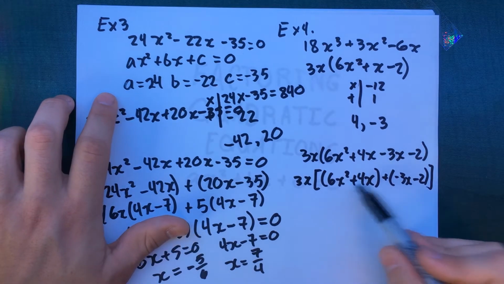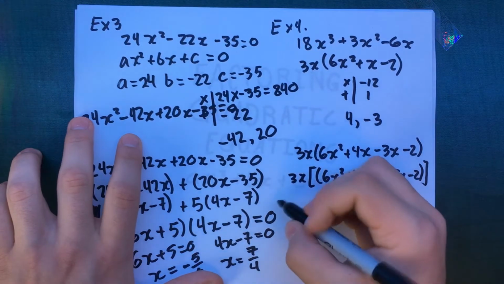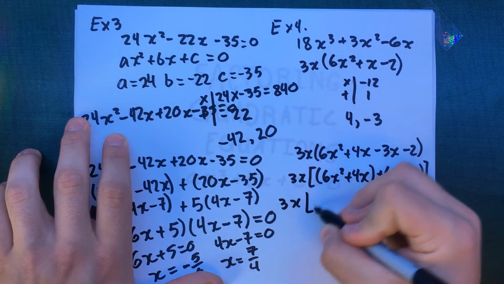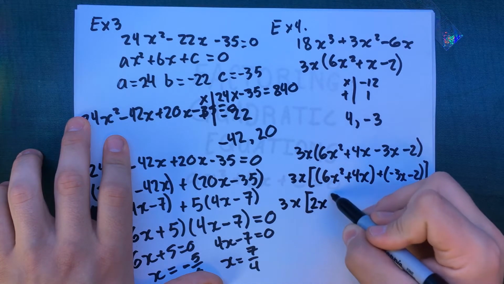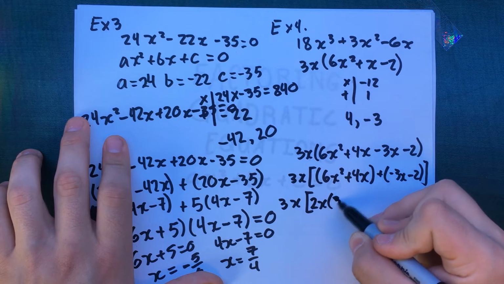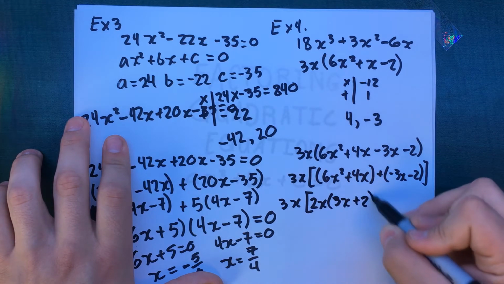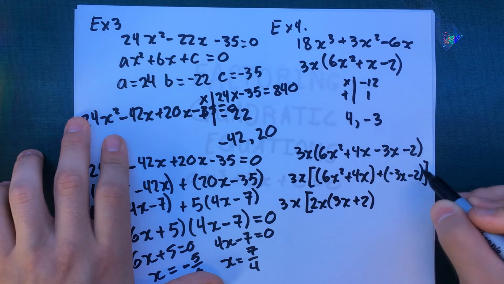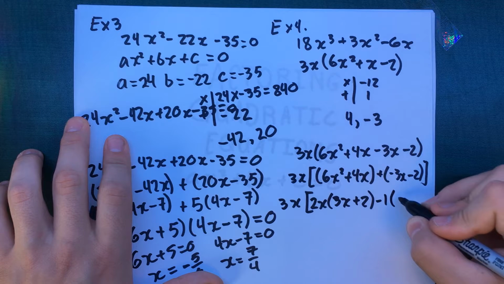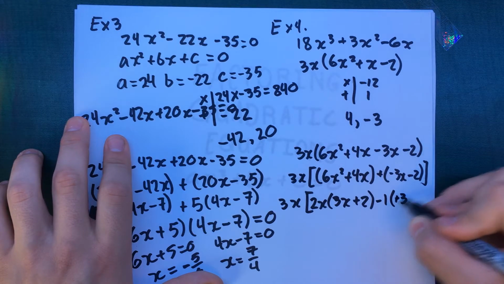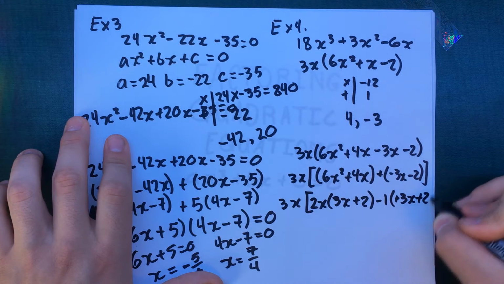If we factor out our greatest common factor in both parts of this equation, we find that 2x times 3x plus 2. And we can factor out a negative 1 to make this match this part of the equation. So negative 1 times 3x plus 2.